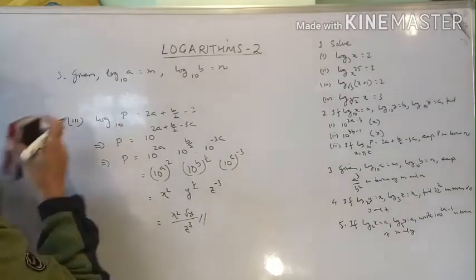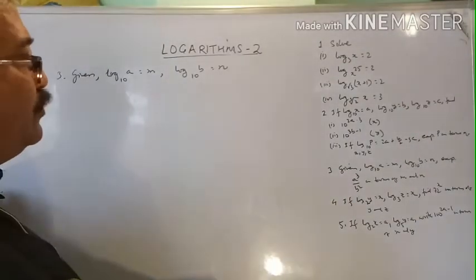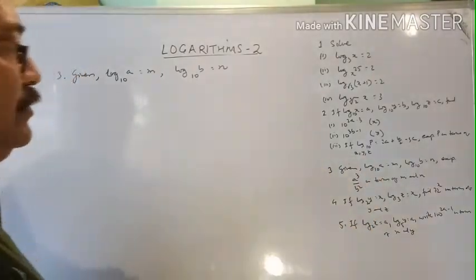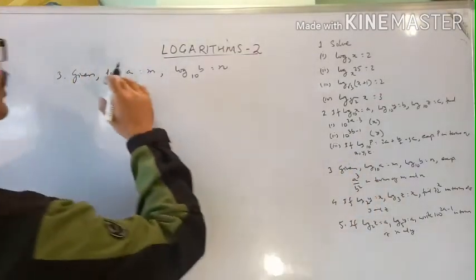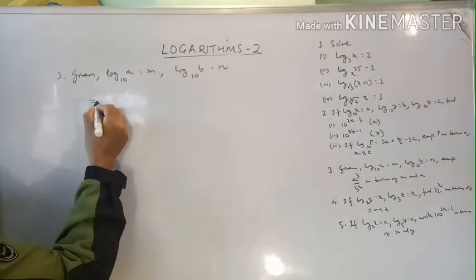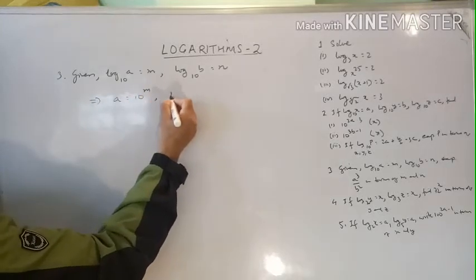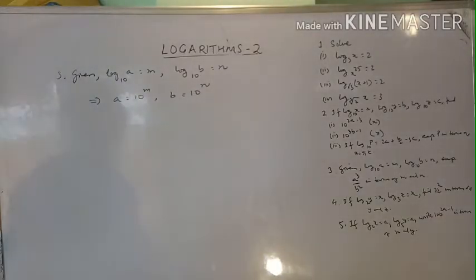Okay, so these two logarithms are given. So we have to express a cube by b square in terms of m and n. We don't have log here, so we change this into exponential form. So this implies a is equal to 10 to the power m and b is equal to 10 to the power n. These are the values of a and b.